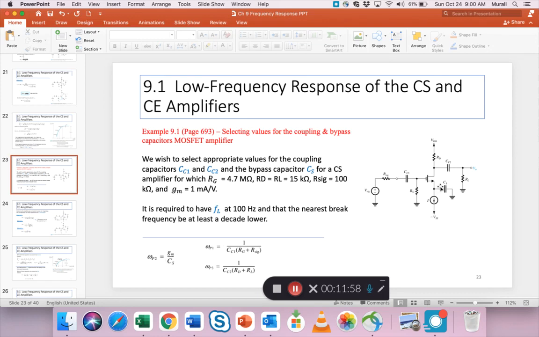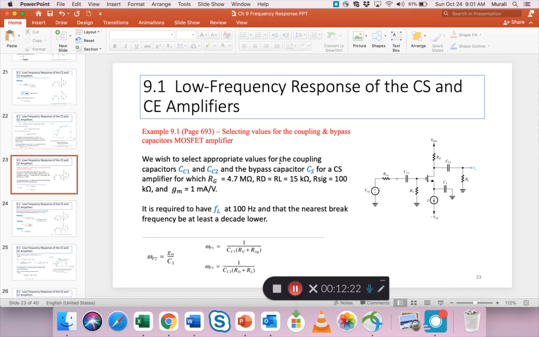Generally you will find that this capacitance is very high compared to these other two. If you think the cost of a capacitor is directly proportional to its value, this is an expensive capacitor because it is higher value.